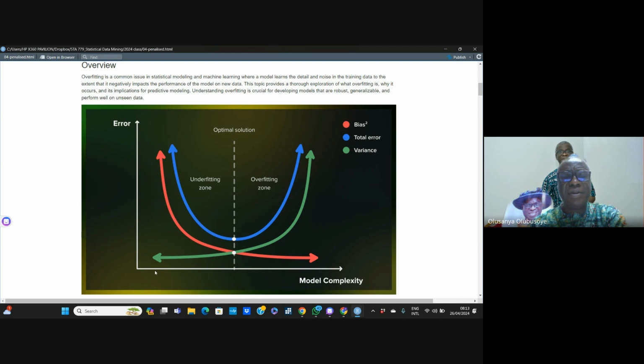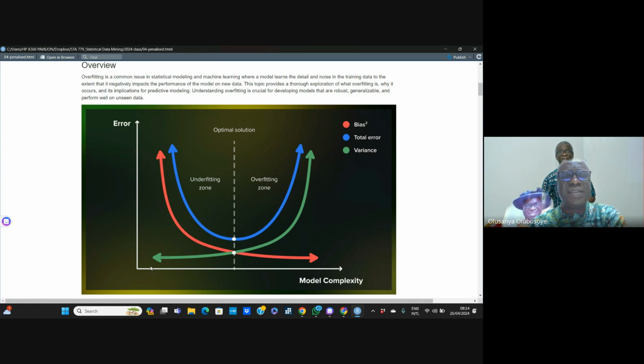But as you add more variables, you are making the model more complex, or as you possibly include more functions in your model, then you are making the model more complex. So towards this side, the model becomes complex.